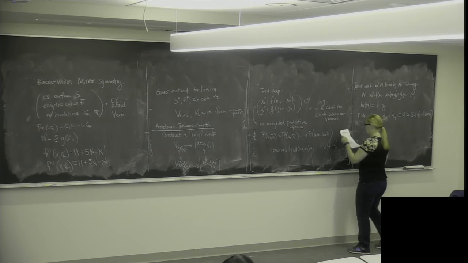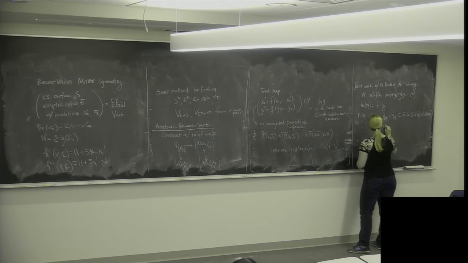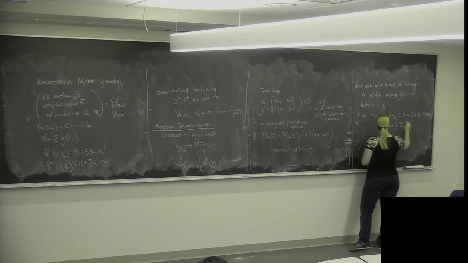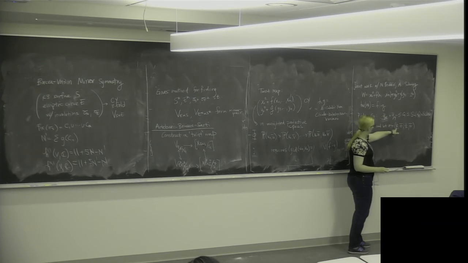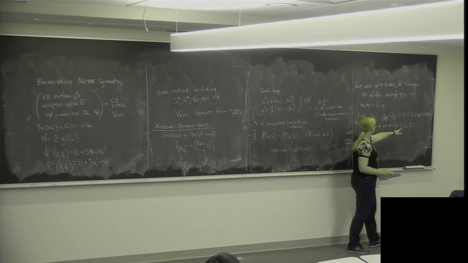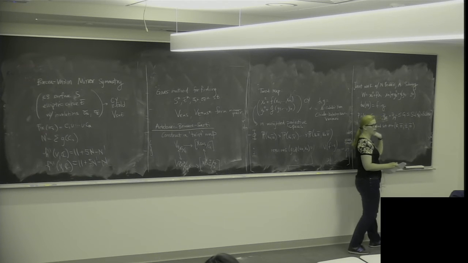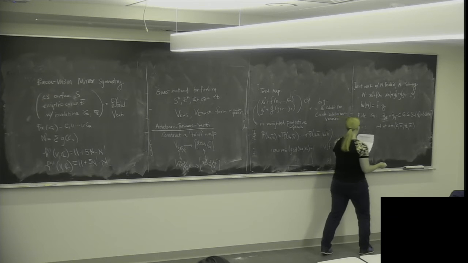Okay, then we have sigma, which is going to be a single group element. I'm using this sort of sloppy notation here to denote the fact that I want it to act on X naught with a weight of 1/2 and Y naught with a weight of 1/2 and to not act at all on any of the other variables.